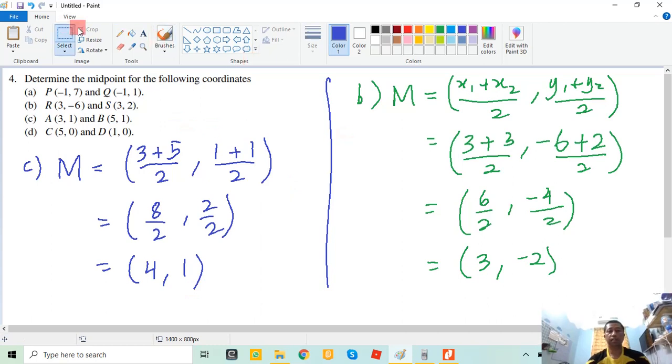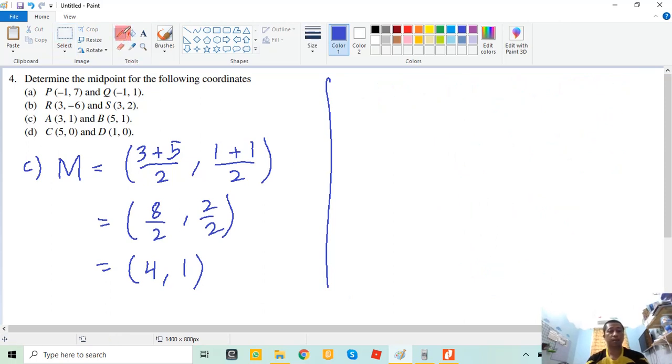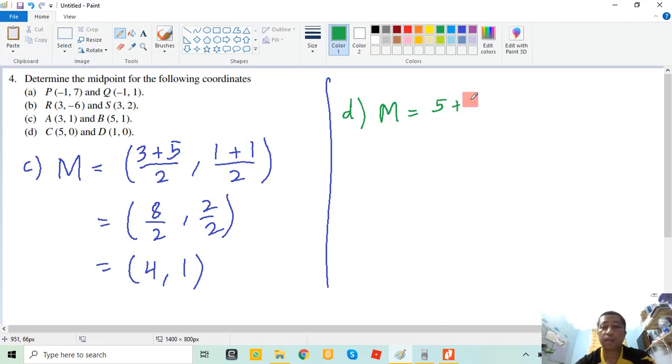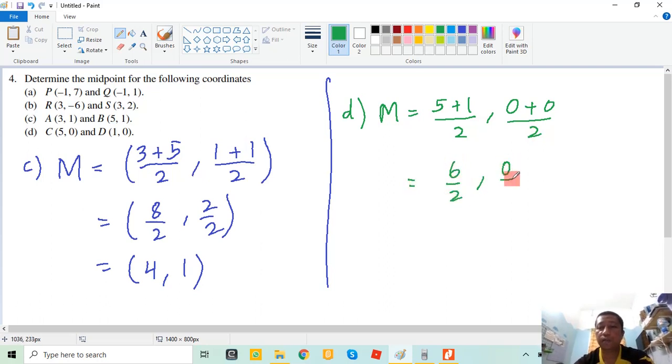And then we go to question D. Okay, question D. Okay, so 5 plus 1 divide 2, and then y1 plus y2, 0 plus 0, so same, divide 2, and this is equal to 6 divide 2. 0 plus 0 is 0, divide 2, and then this is equal to 3, 0.